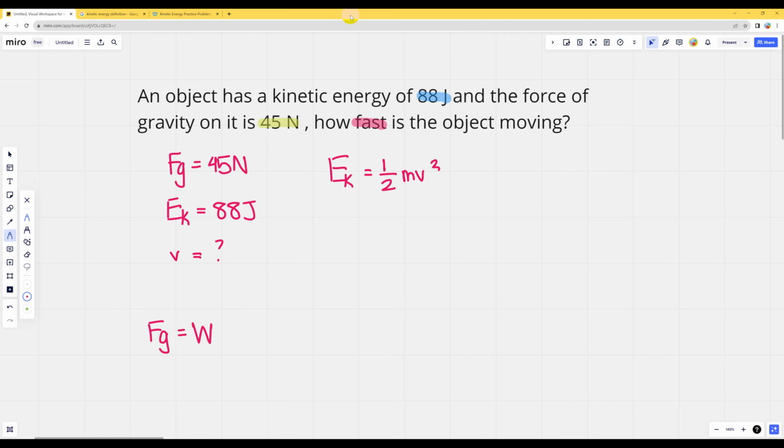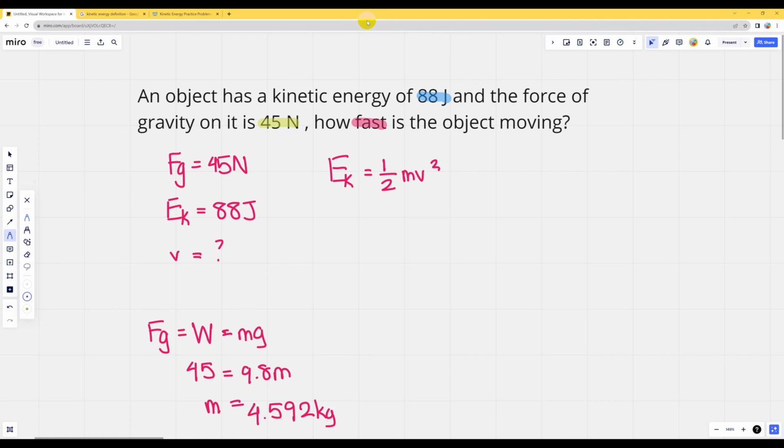However, if we want to find the mass from the weight, we can use another formula, which is W, or Fg, is equal to mg on Earth. So 45 newtons is our W, or our weight, and 9.8 is our g, and mass is what we're looking for. Plug that into your calculators and you'll see that your mass is equal to 4.592 kilograms.